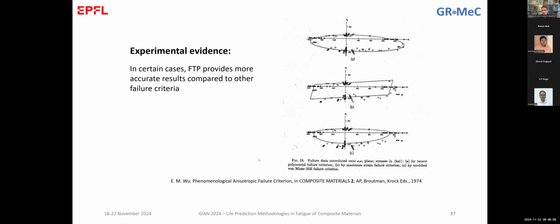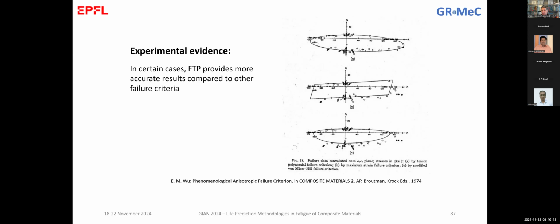We have seen a lot of results in the past. This picture is taken from a paper from Wu already in 1974, so this is 50 years ago, where they presented experimental data from biaxial testing of composite materials and fitted these data by different equations.